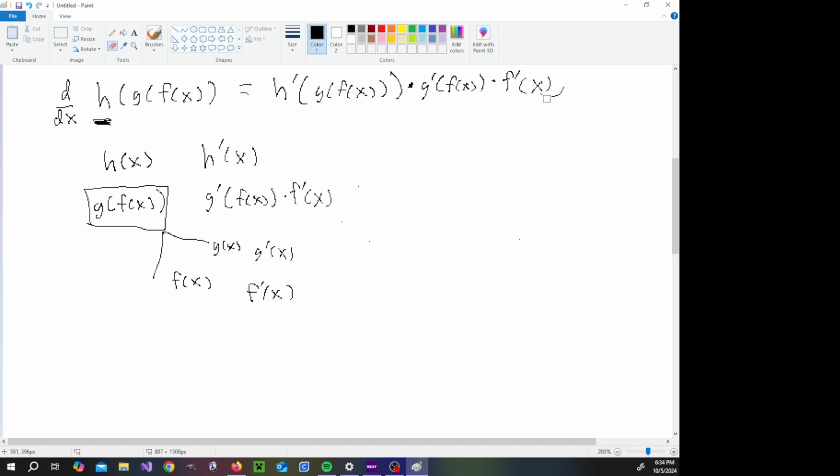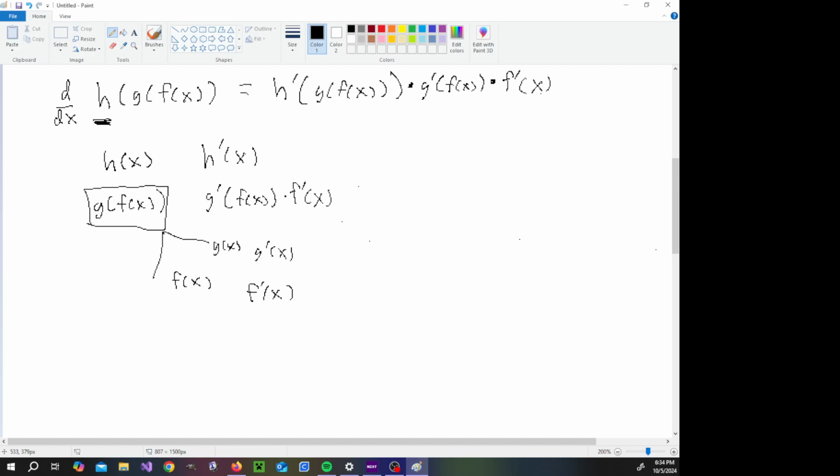So now we can see here why this might be called the chain rule. Because when we have this chain of functions, or this composition of functions, it takes this derivative into a chain of these other derivatives.